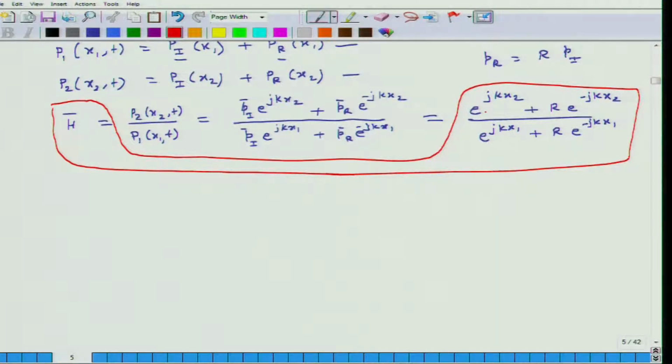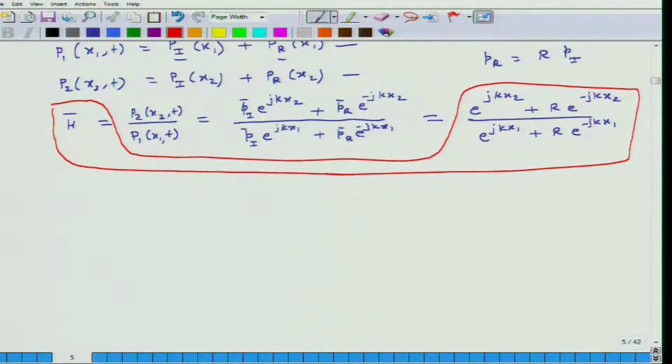And on the right side, I have exponents to the power of jk. K I know, because if I send in a particular frequency, I know its wavelength, so I can calculate its wave number. I know the location x2, I know the location x1, right? So on the right side I know everything except R, and on the left side I know H. So I can calculate R. Left side, I know H through experiment.